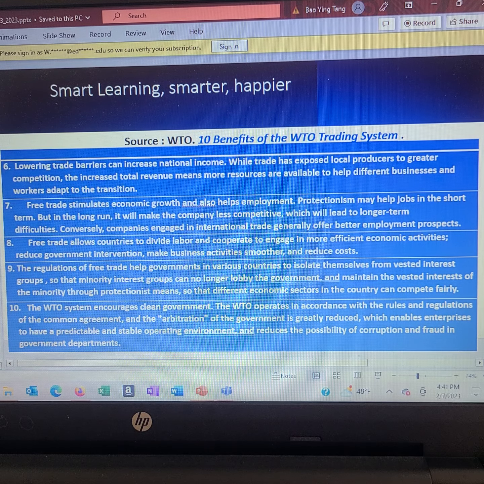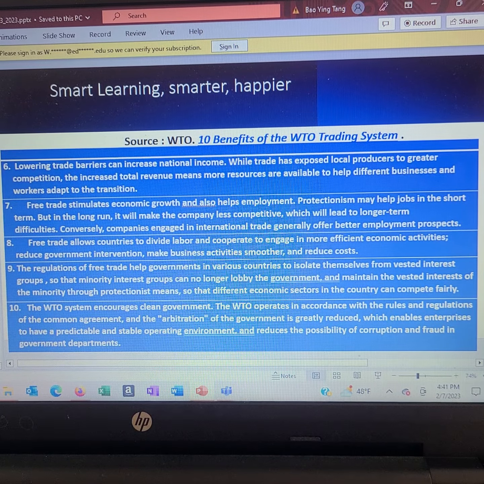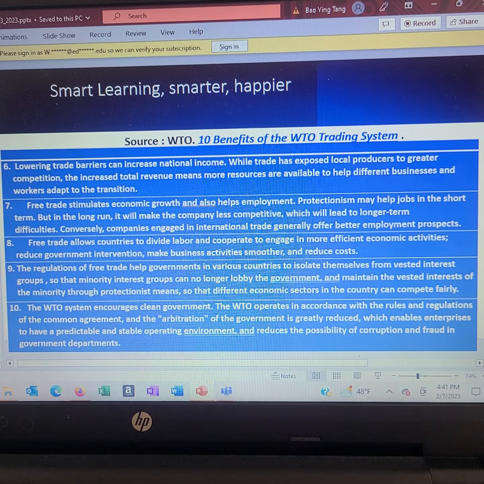Eighth, free trade allows countries to divide labor and cooperate to engage in more efficient economic activities, reduce government intervention, make business activities smoother, and reduce costs.